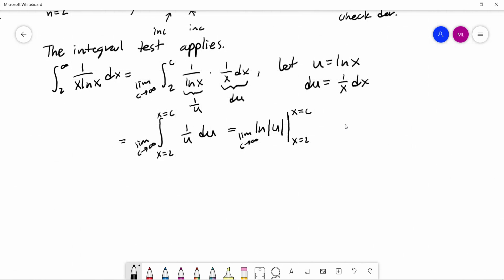And so again, I need to just plug in over the region that we're interested in, which is starting at x equals 2. The log of x is always positive anyways, so I really just have the natural log of x evaluated between 2 and c, and again, we're taking the limit as c goes to infinity.